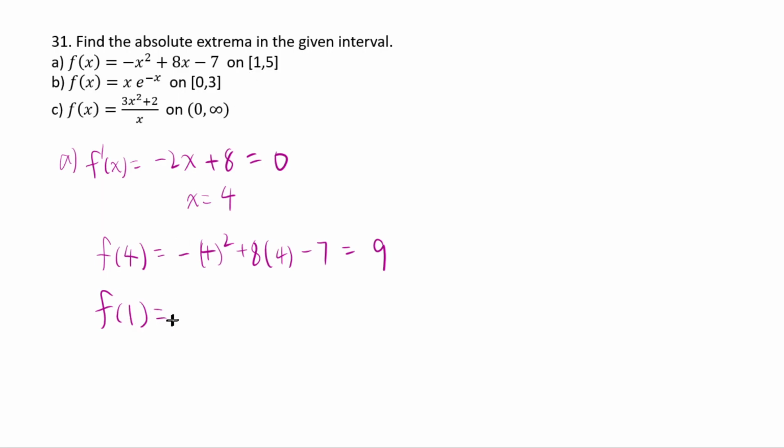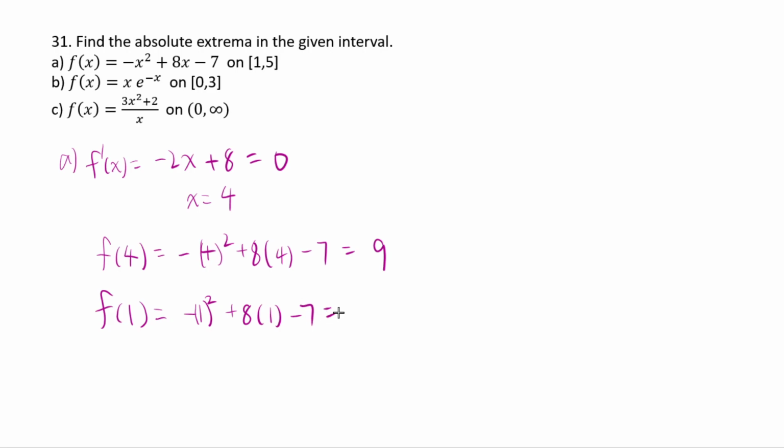So f of 1. And be careful, it's negative and then 1 squared, so it doesn't include the minus sign when you square, so this is still negative 1. It's very important to know how much the square is affecting.